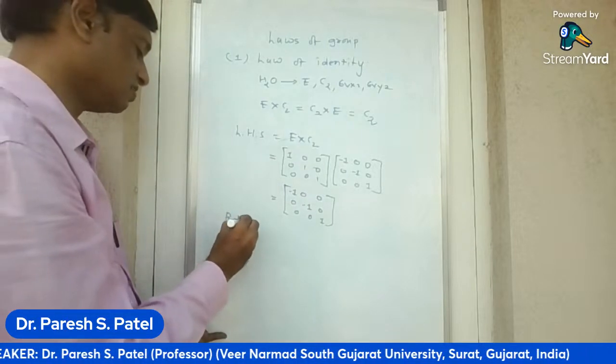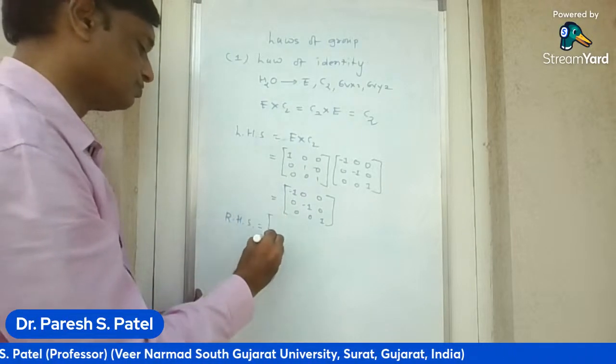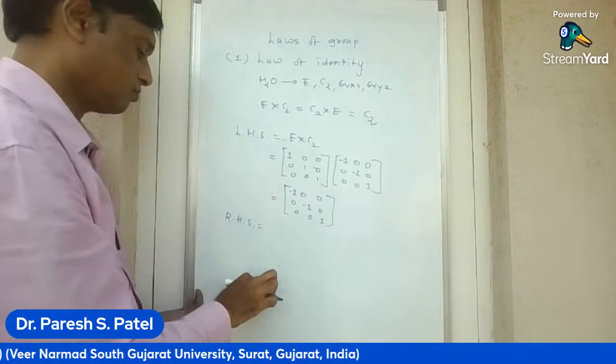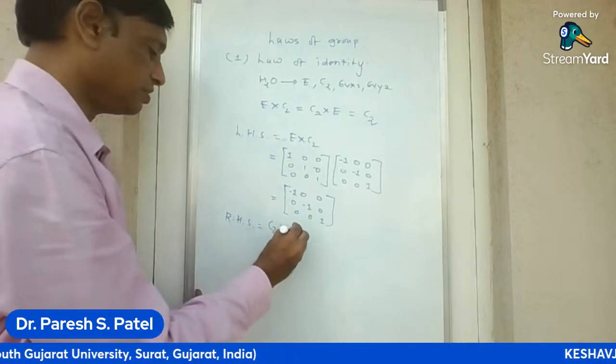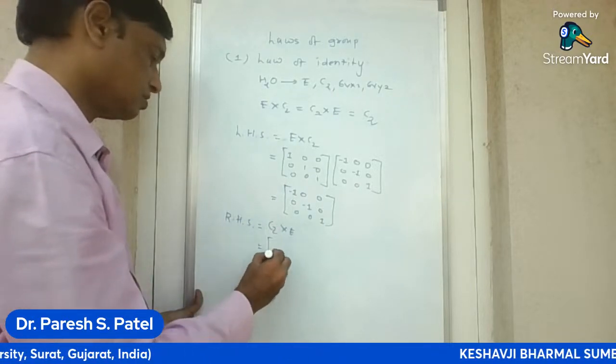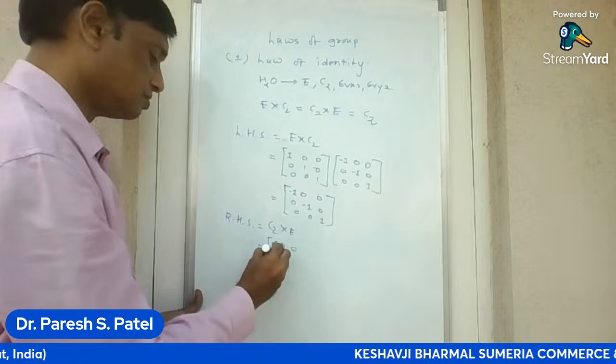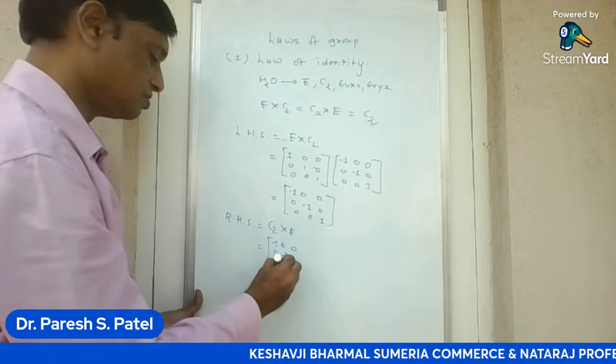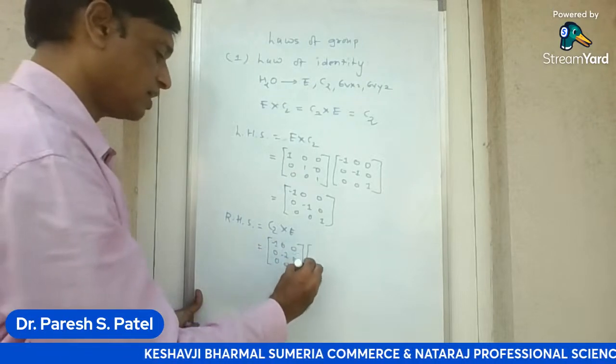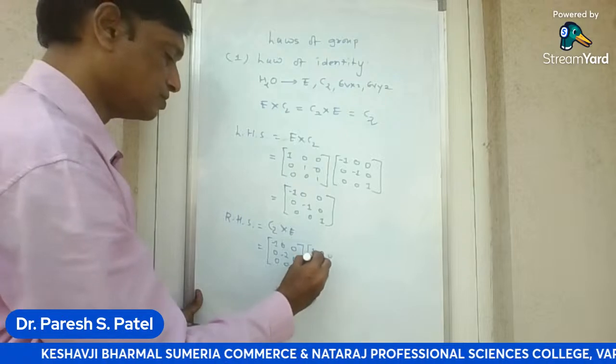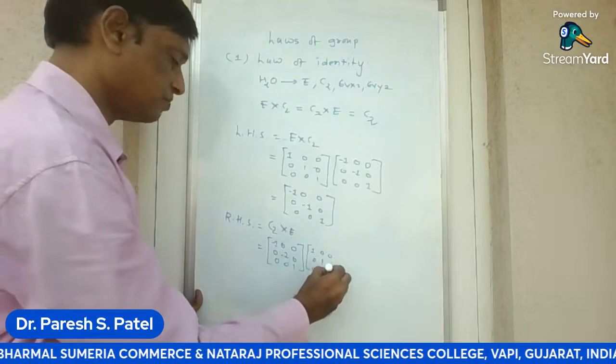The right hand side is C2 into E: minus 1 0 0, 0 minus 1 0, 0 0 1, and identity 1 0 0, 0 1 0, 0 0 1.